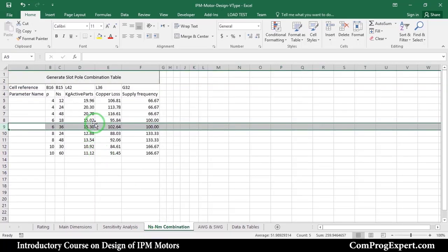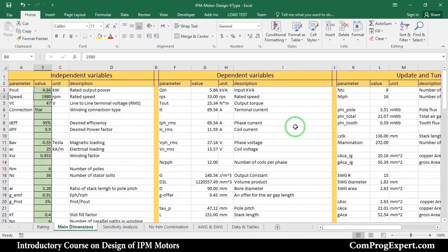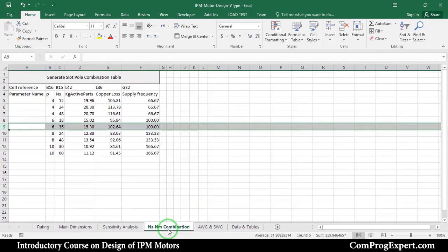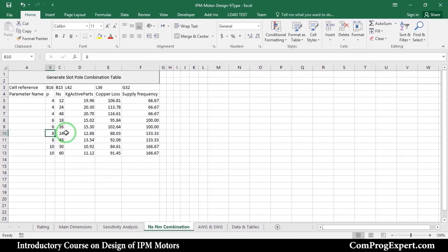So these numbers are calculated by running this analytic design. So you can select the best combination based on your objective. For example, sometimes your objective is the weight of the motor. You want to design a motor based on an objective function on the weight of the active part.